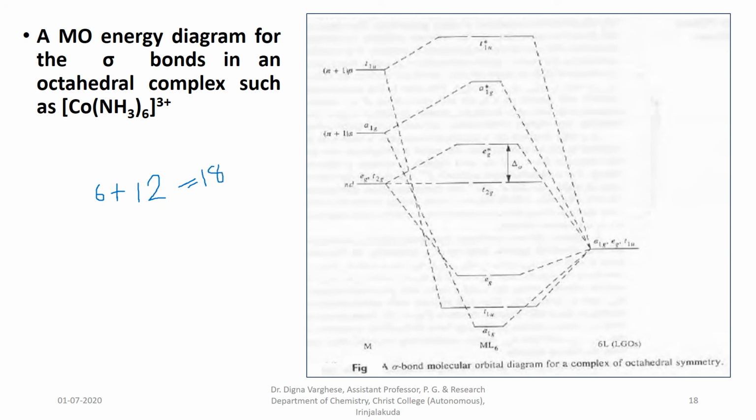The electrons donated by the ligands can be arranged like this: 2 electrons in a1g, 6 electrons in t1u and 4 electrons in eg, that is 2 plus 6 is 8, plus 4 is 12, then 6 electrons in the t2g level.